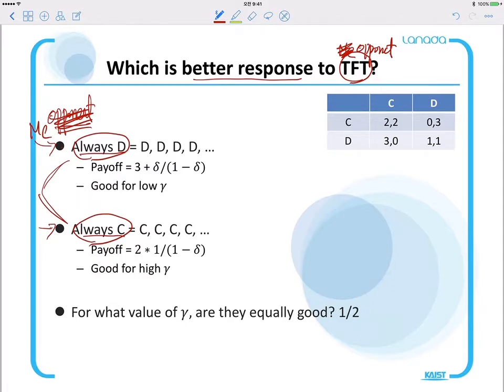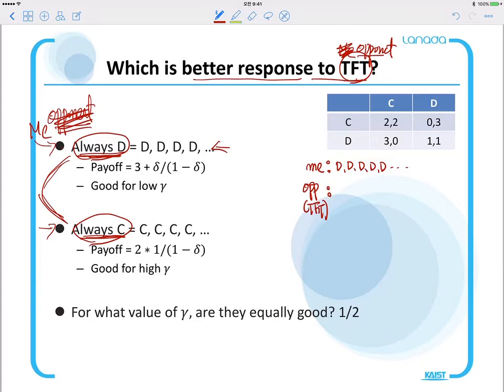So I have to compare the payoff when I play this one or this one, assuming that my opponent plays T4-10. First let's look at this case, where I'm playing D, D, D, D, D and my opponent plays T4-10.